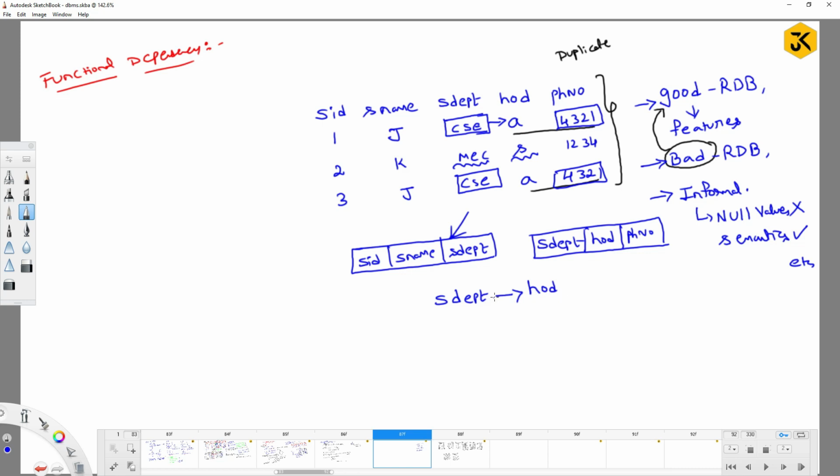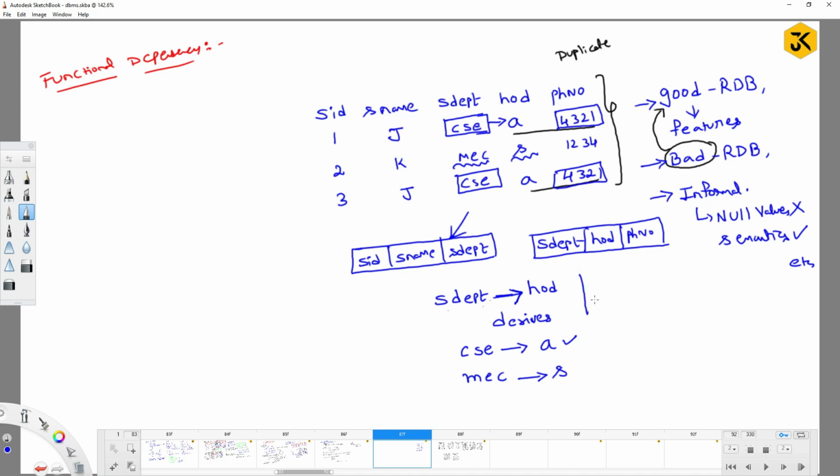Student department can derive HOD, meaning if I give CSC as input, can you define the HOD name? Yes, the name is A. If I give the input as mechanical for the department name, can you tell who is the HOD? Yes. So I can say that student department name can derive HOD name.